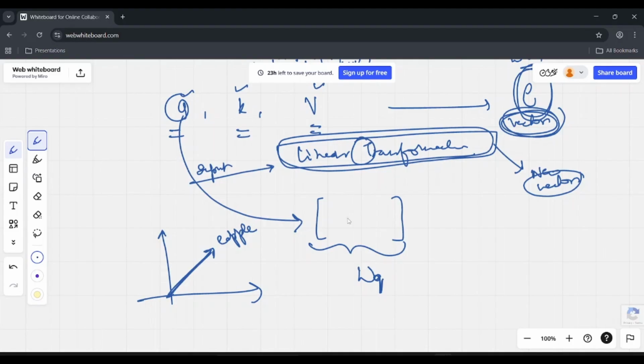If I multiply my matrix with this vector, so this is 2 cross 2, let's say, and this is 2 cross 1, let's say. I'm sorry, actually, I should write it here because there are 2 rows and 1 column.